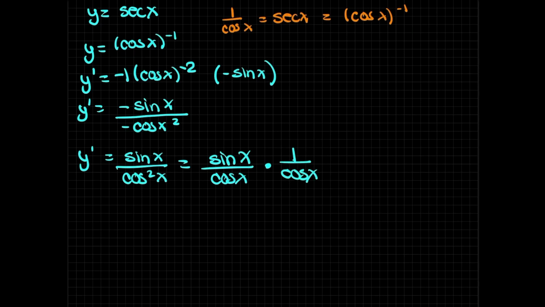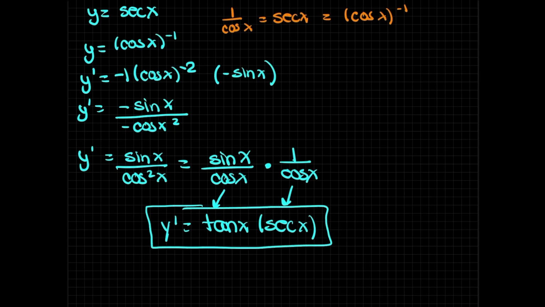Remember, we want to simplify it down so that we can try and eliminate everything that's on the bottom. That's our goal with all of this. So my sine x over cos x, we know is just equal to tan of x, and 1 over cos x is equal to secant x. So my derivative of secant x is tan x times secant x.